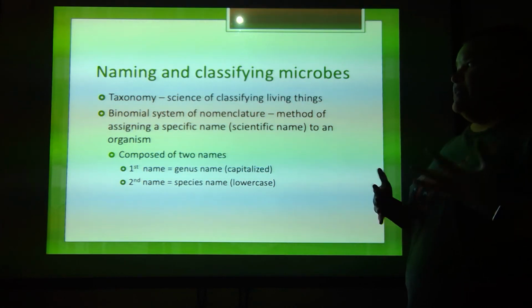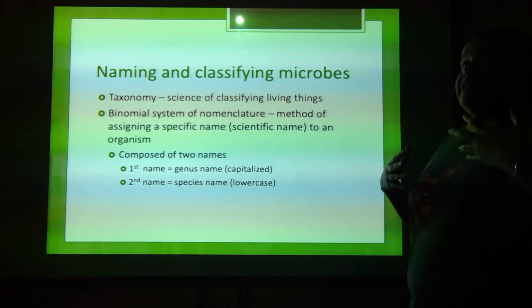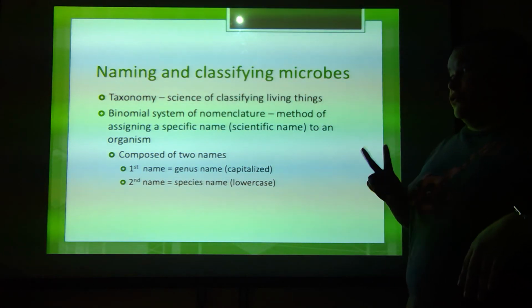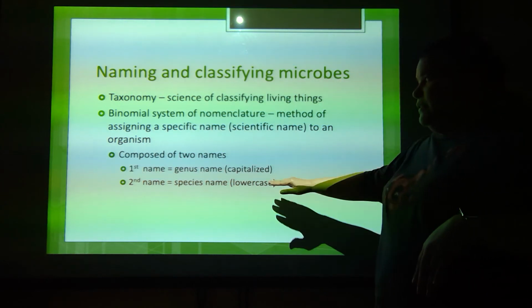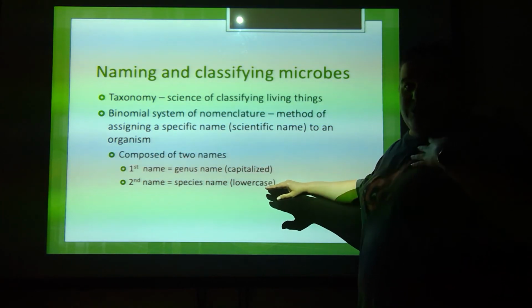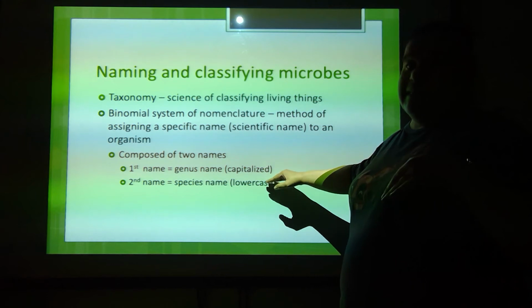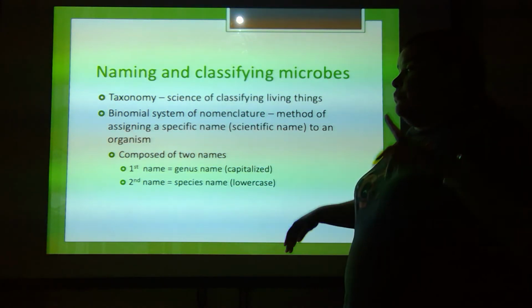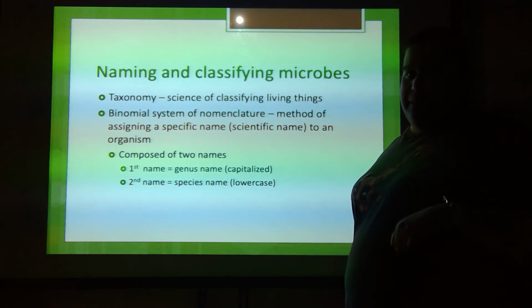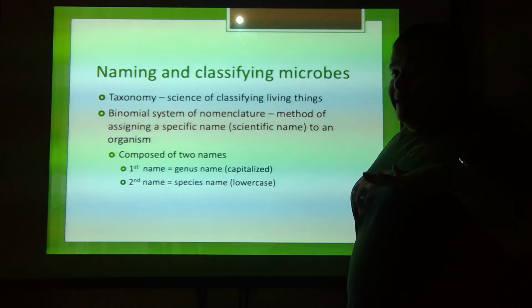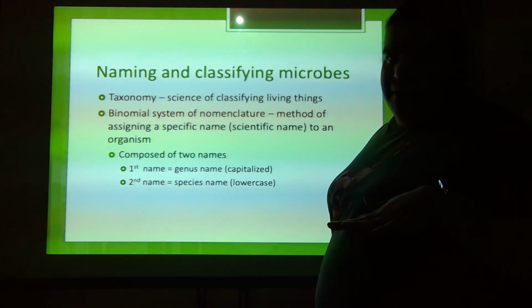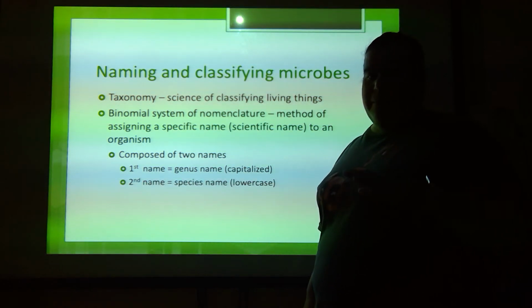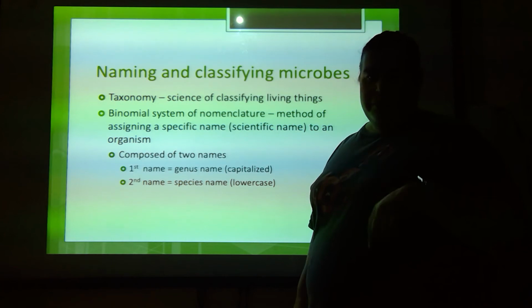So it's a method of assigning a specific name, a scientific name, to an organism. And it is composed of two names. Okay? The first name and the last name, just like I'm Ronica Williams, these actually have first names and last names. So the first name is the genus name, and it is always capitalized. Okay? The second name is the species name, and it's always lowercase.